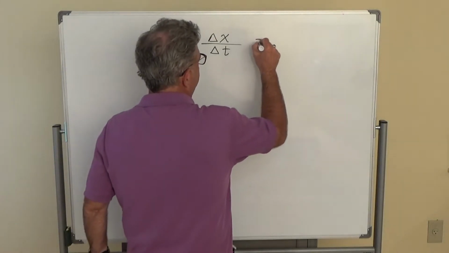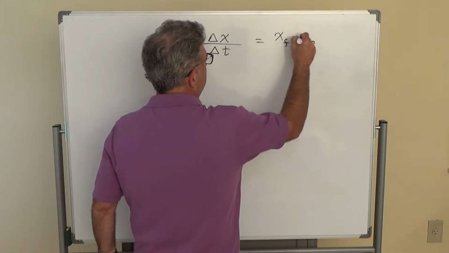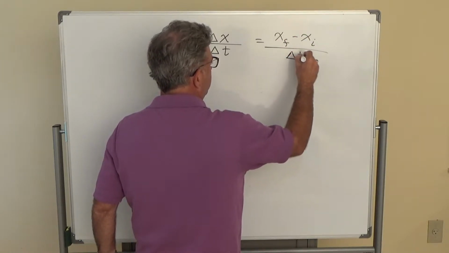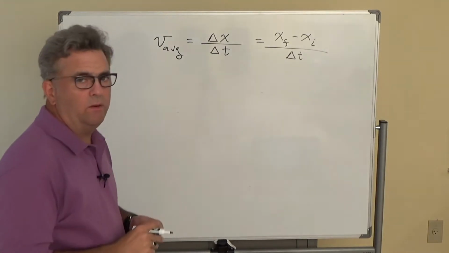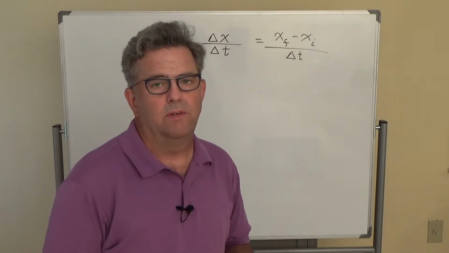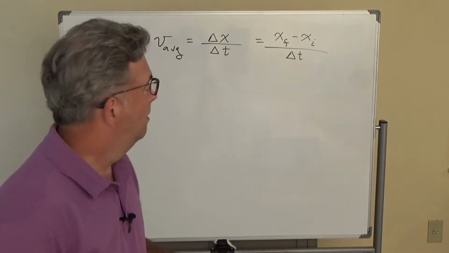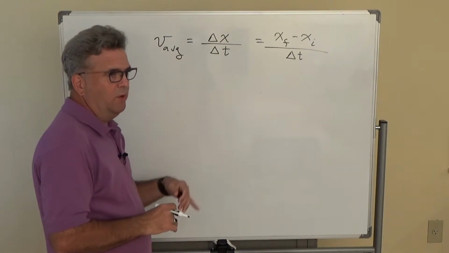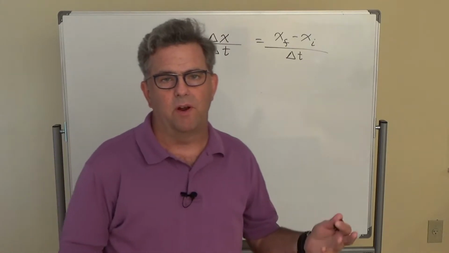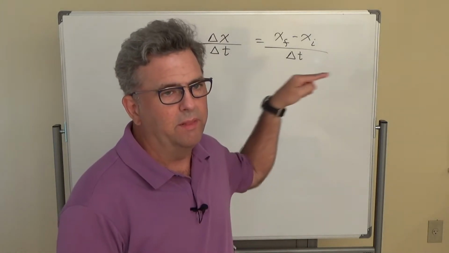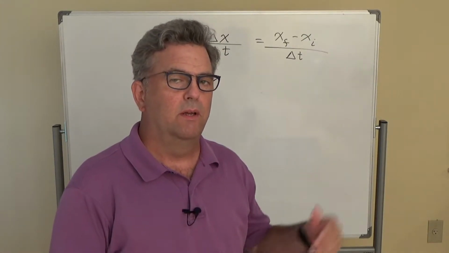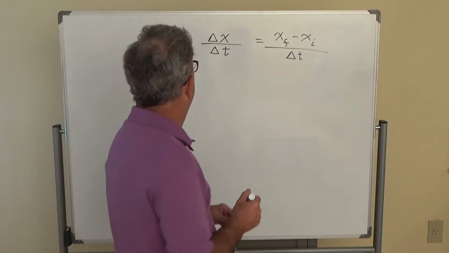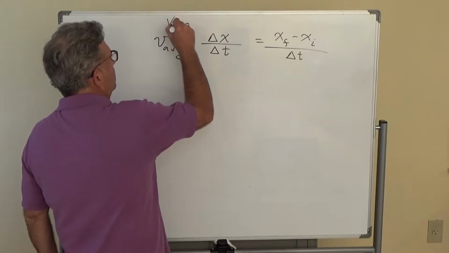So I can write this out from what I just wrote down earlier: v average is x final minus x initial divided by delta t. Now, this also has a positive and negative. If you have a positive in front of v average, you are going in the plus x direction. If you have a negative, you're going in the negative x direction. Okay? So this was velocity.